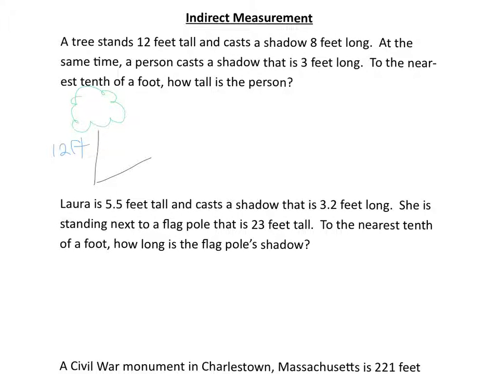You don't have to get super creative with what the shadow looks like. And at the same time, a person. If you want to make it a girl, feel free to add a hair bow. At the same time, a person casts a shadow that is 3 feet long.